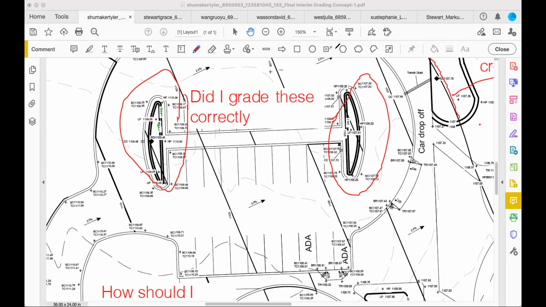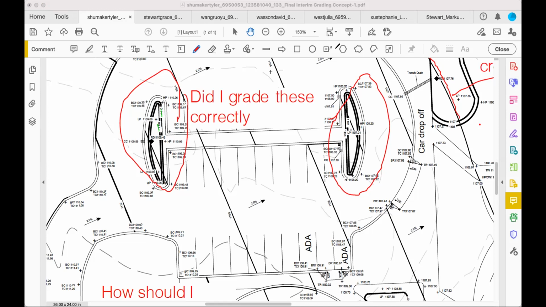So each curb cut actually needs to be considered individually, based on its specific elevations. If you have 1109.56, the RDI is 1109.46, the bottom is 1109.06, then you don't have a contour inside it. You don't have 1109 or 1110. Right.